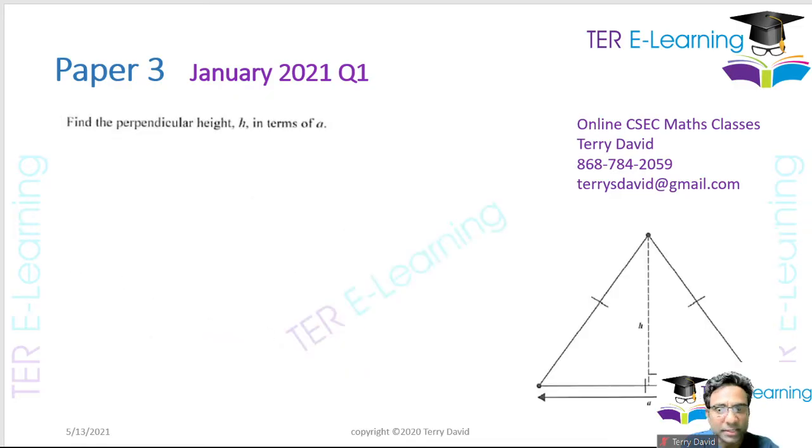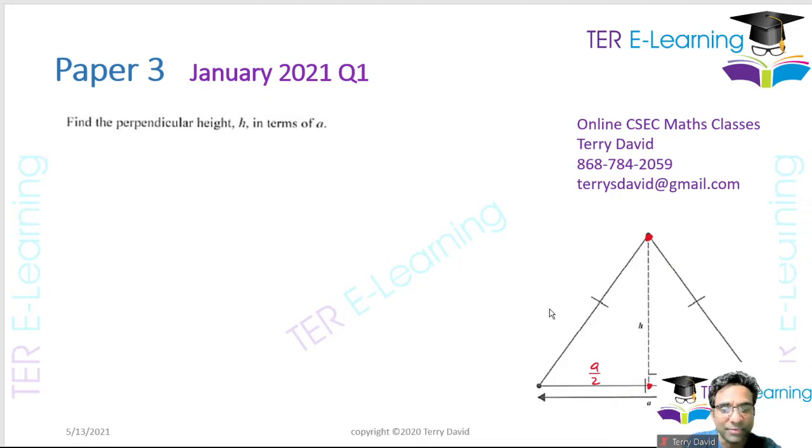Now they want us to find the perpendicular height. Now if you look carefully, let me just do it on this diagram here. So this is A over 2, this is A over 2, right? And essentially what we have is a right angle triangle, right, given by this. This is a right angle triangle here, right? And you want to get the perpendicular height in terms of A.